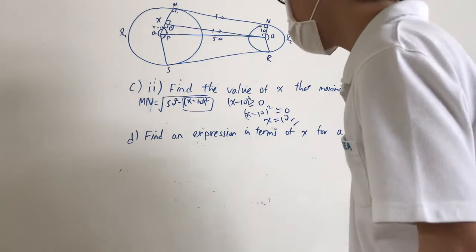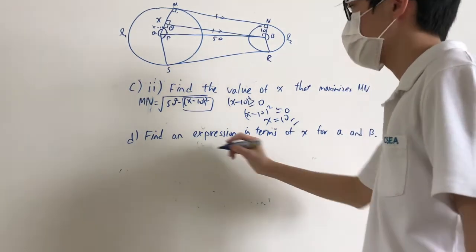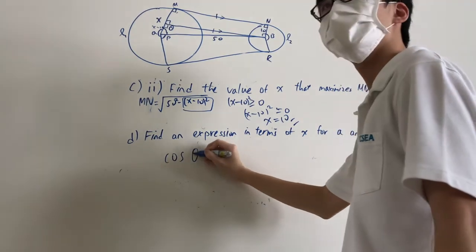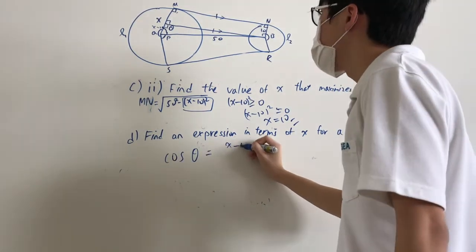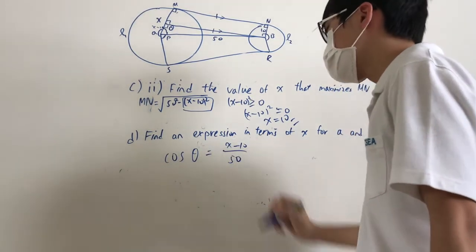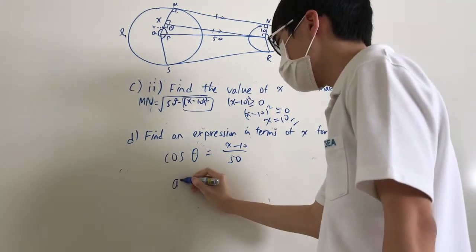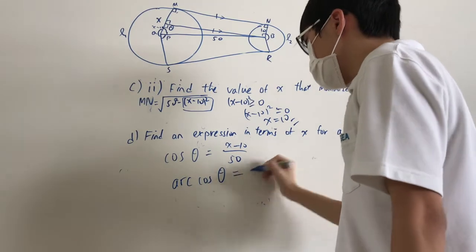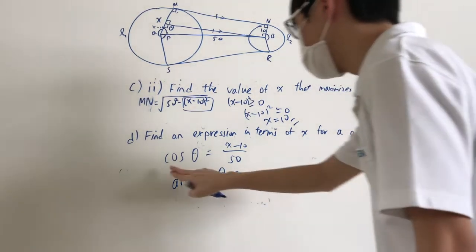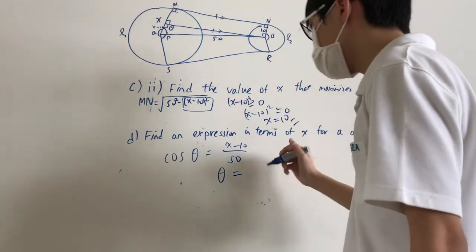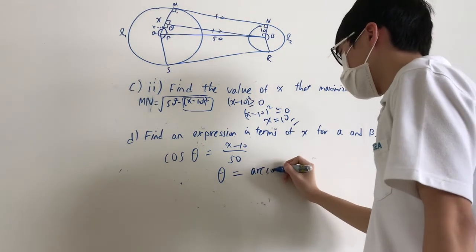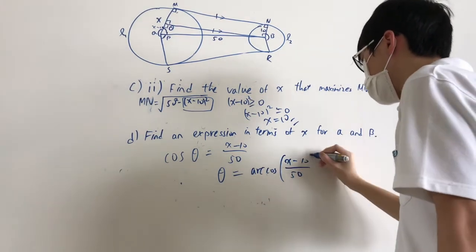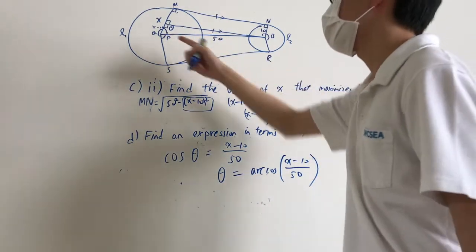So we have to use theta. Since cos theta is equal to x minus 10 over 50, this also means that theta is equal to arccos of (x minus 10) over 50, right? So that's the theta part.